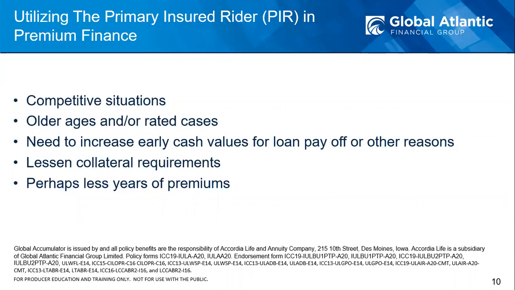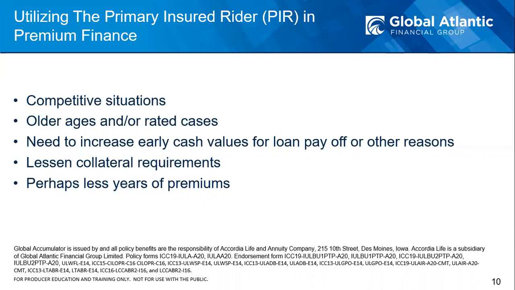So when you use the PIR rider, you're reducing expenses inside the policy, which gives it the greater opportunity to accumulate better cash value. More cash value means that you can maybe repay that lender a little bit earlier. More cash surrender value also means less outside collateral requirements.